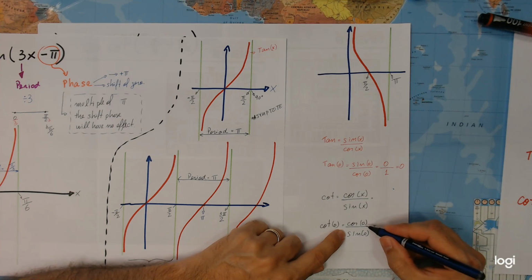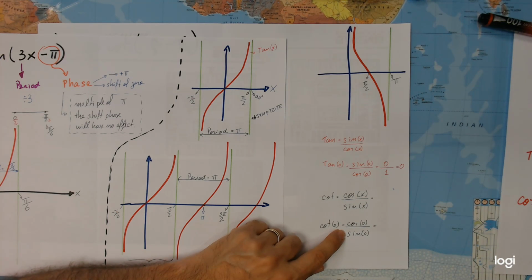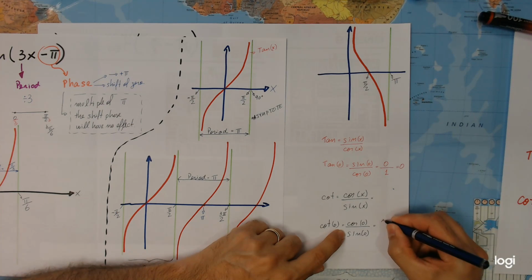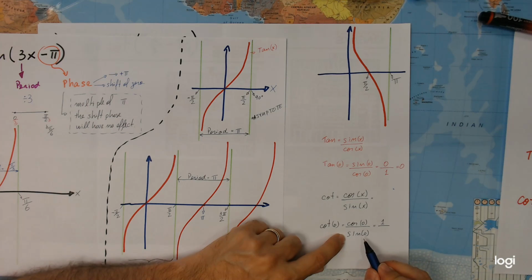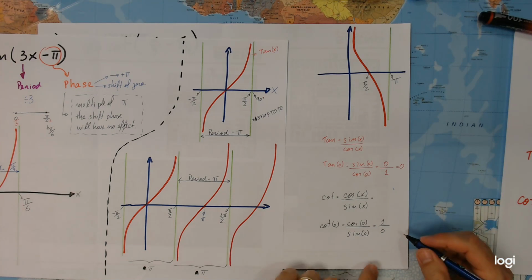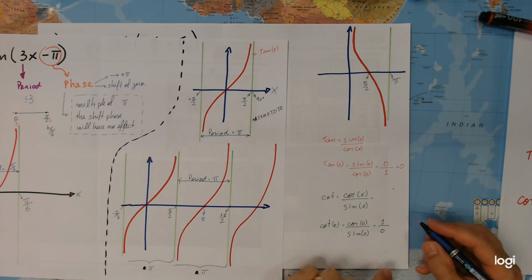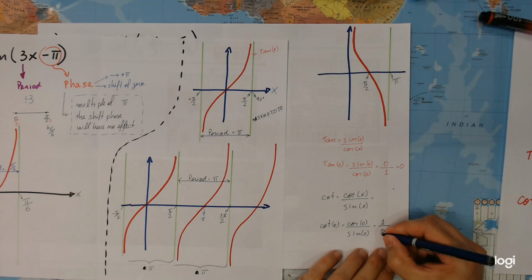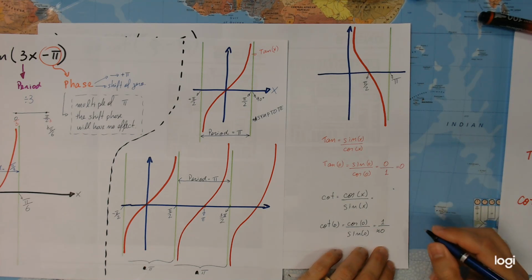What is the cosine of 0? It is 1, isn't it? So far, so good. What is the sine of 0? The sine of 0 is 0. But we can't make a division by 0. So we would say that it's close to 0.